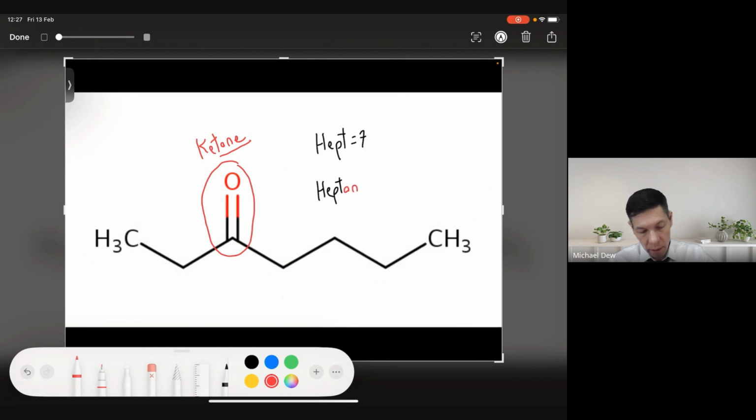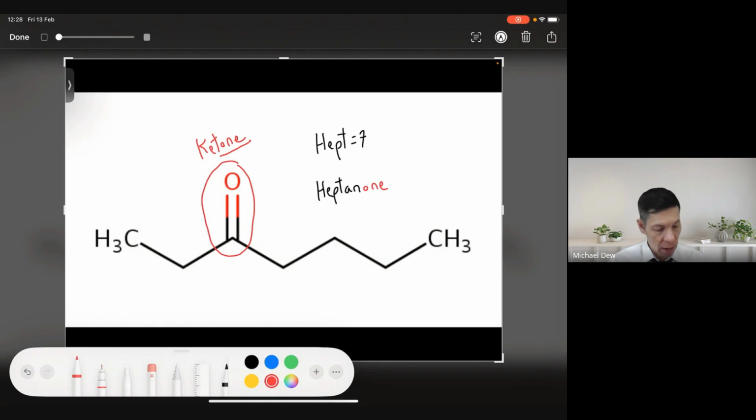Heptone. But we're saying heptane, right? So let's go back and make sure we're very thorough. Instead of that, we need to say heptane, but we're going to move the E, then put the O-N-E: heptanone. If it had 6 carbons, it would say hexanone. And this is heptanone.